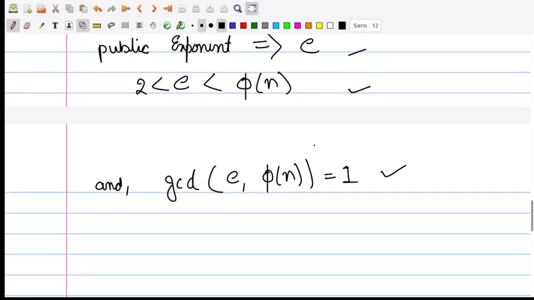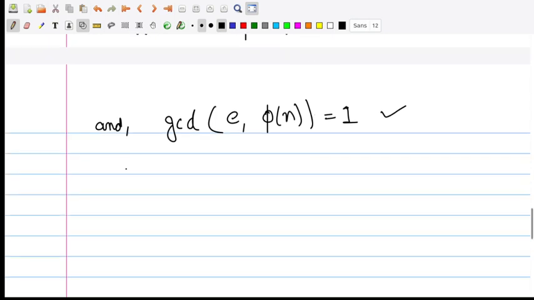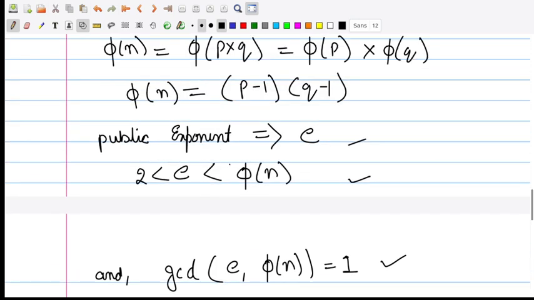One common public exponent which we use in practice is basically 65537. All right, and if you want to understand it intuitively, phi n is basically p minus 1 into q minus 1, right? Now what will happen when you subtract 1 from a prime number?